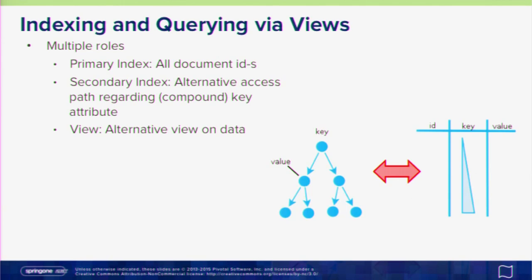Then secondary indexes create an index based on the content of the document, so for instance its type, could be a new index that uses a date as key, and for instance the number of followers as value. This view allows you to query depending on the date, so you can do a range query, for instance: I want the number of followers between this date and this date, that kind of stuff.